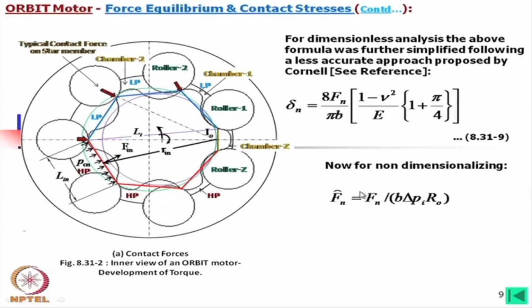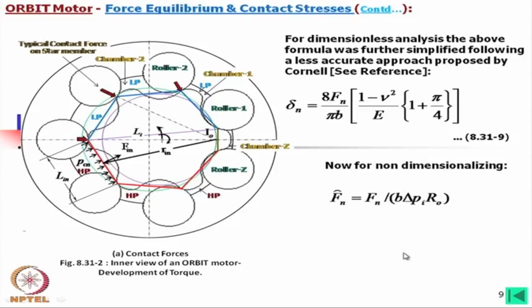We consider this normal force divided by B, that means this is coming per width, and then divided by del P I, which is a per unit pressure, and then R 0 is the radius of the biggest circle. Look into this unit, this is area and this is pressure. So, this must also be force. So, this becomes non-dimensionalized.